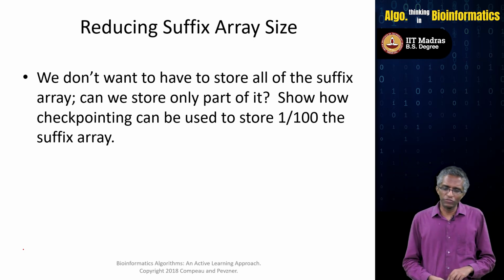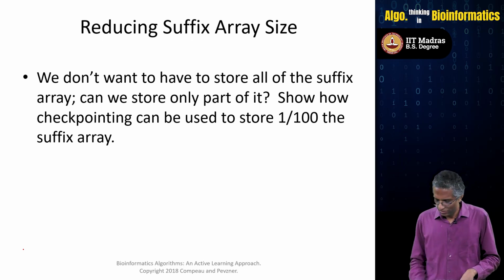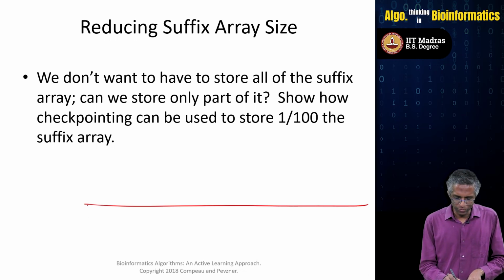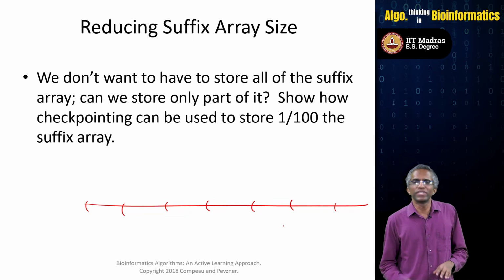We don't want to have to store all of the suffix array. We may only want to store part of it. If you have a large genome, you may not want to store all the suffixes, but maybe only 1/100th of the suffix array, and that will only give you the positions of 1/100th of your suffixes.